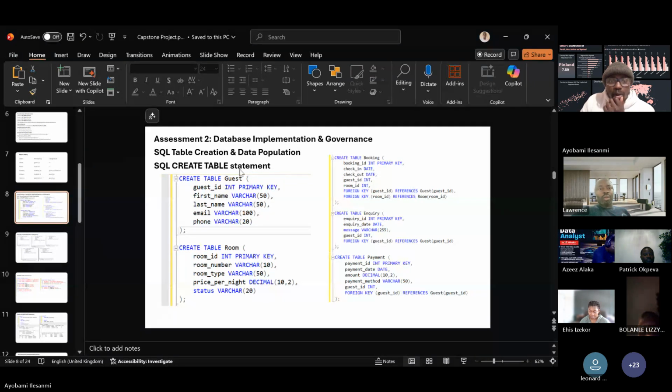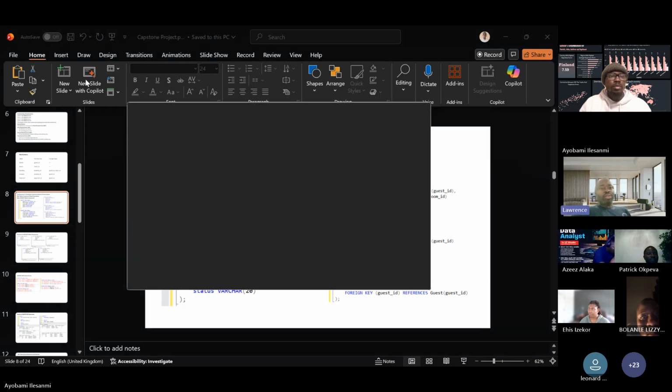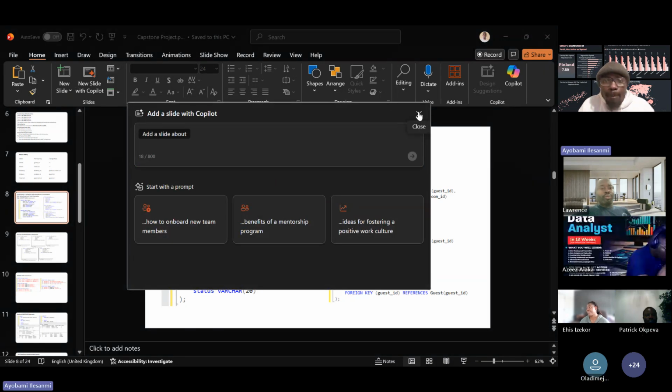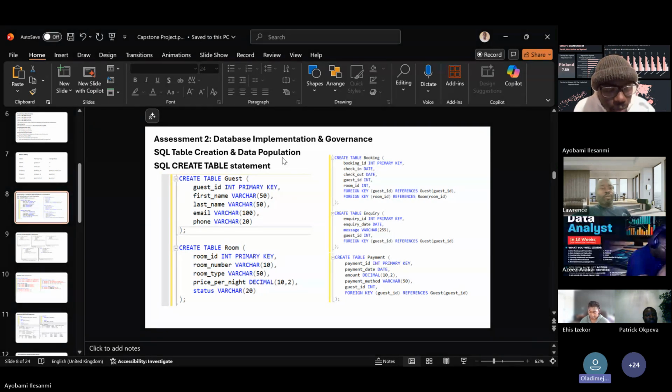Hello, Ebami. Can you use slideshow so it's bigger? At the top, you just need to do next. Just press F5, the F5 button on the top of your keyboard.